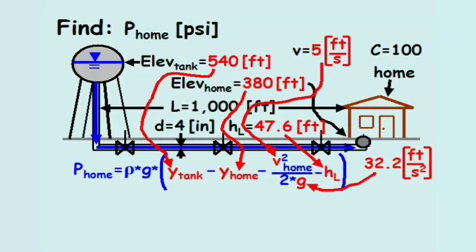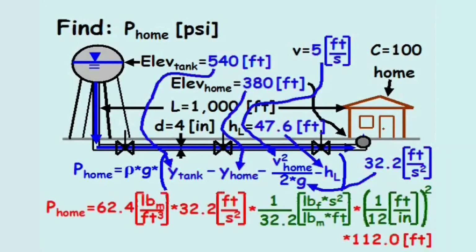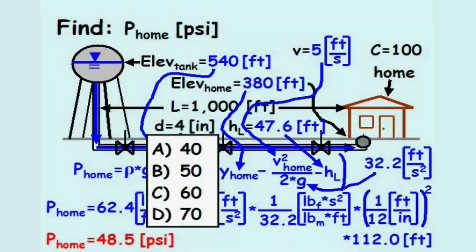The elevations, velocity, and head loss are plugged in and then multiplied by the unit weight of water and converted to the correct units, such that the pressure at the home equals 48.5 pounds per square inch. When reviewing the possible solutions, the answer is B.